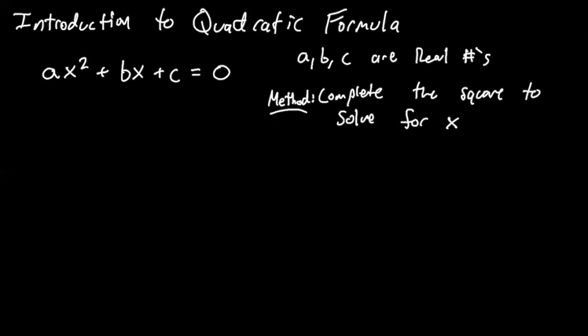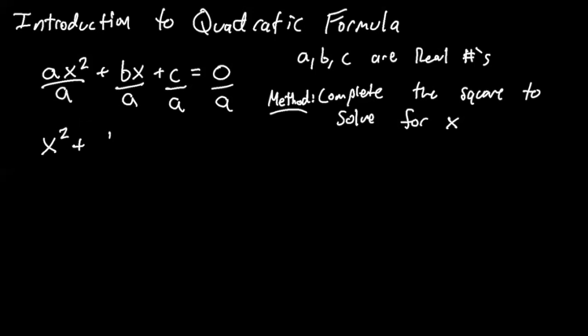To start off, we have this coefficient a in front of x squared. a could be 1, but a could also be not 1. When we complete the square, we want an x squared in the front, so we're going to divide everything by a so that we end up with just 1x squared, a leading coefficient of 1.